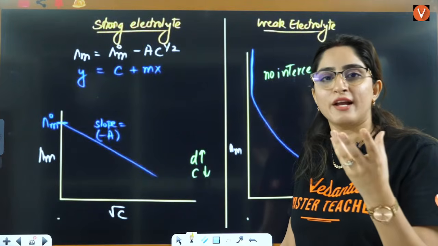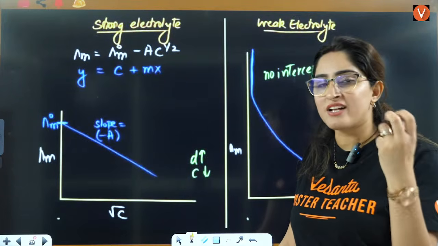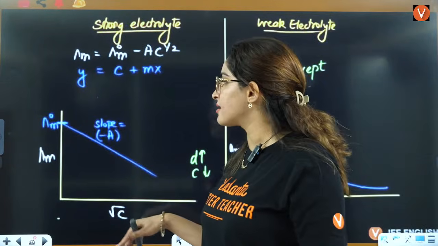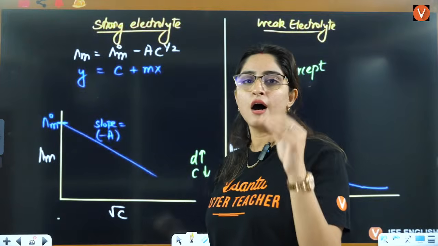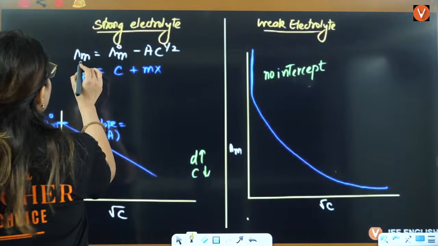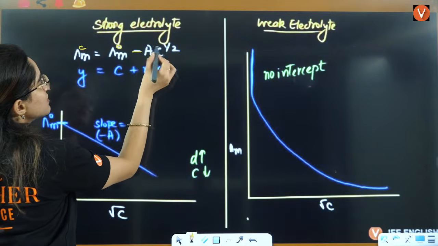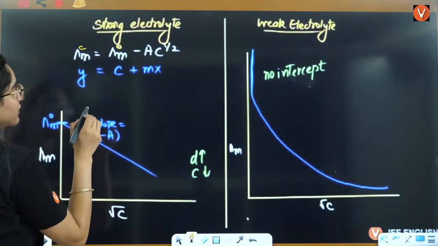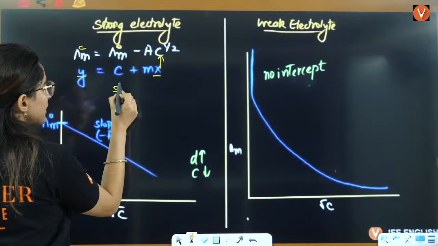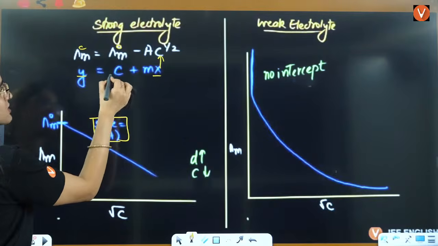But for a strong electrolyte like HCl, NaCl, or a strong base like NaOH, which have 100% dissociation, we have the Debye-Huckel-Onsager equation: molar conductivity at concentration C is equal to molar conductivity at infinite dilution minus A root C. Comparing with y = mx + c, the slope becomes minus A and the intercept is the infinite dilution molar conductivity.